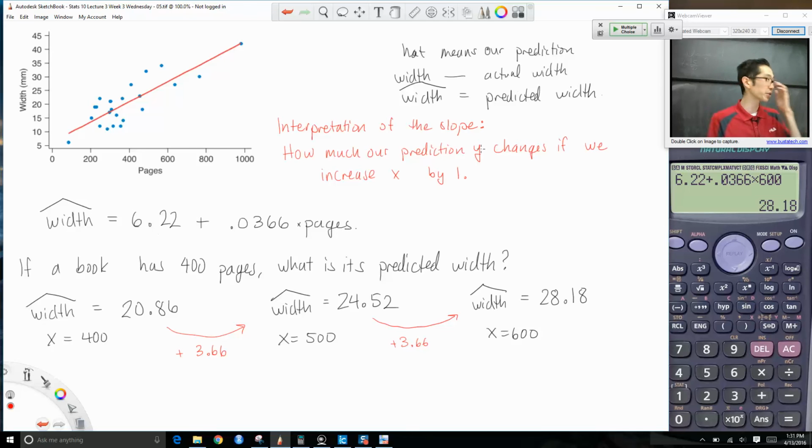So what this is essentially saying is that if you add 1 page to a book, our prediction for the width of that book goes up by 0.0366 millimeters. It's a very small amount. Actually, 1 sheet is 2 pages, so the width of the book goes up just by a tiny bit here.